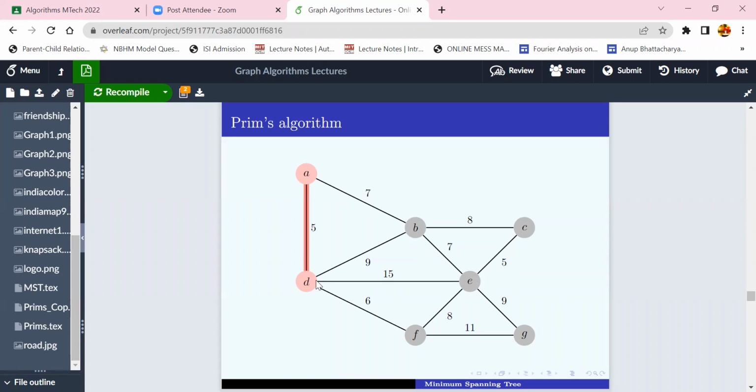First we see that the edges with one endpoint at A and one at D are this edge AB, AD, DE, and DF, right?